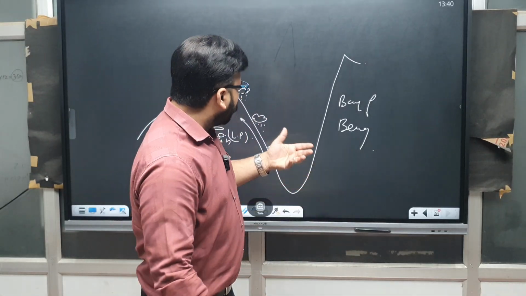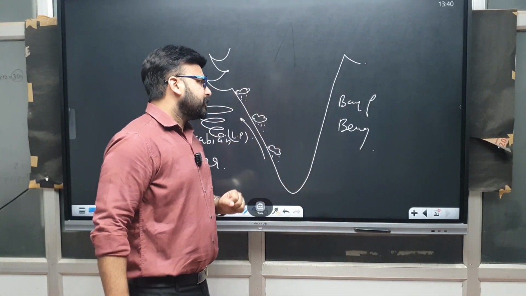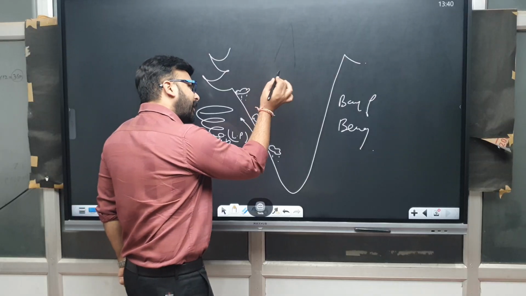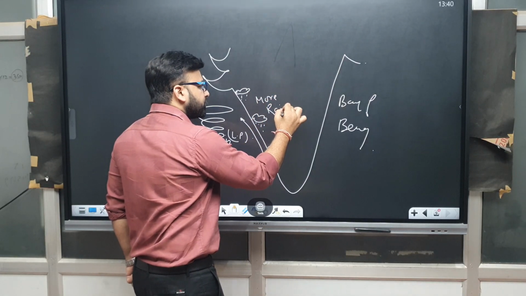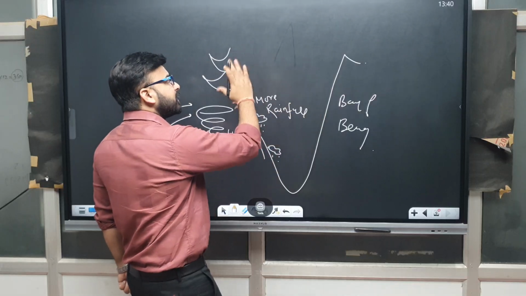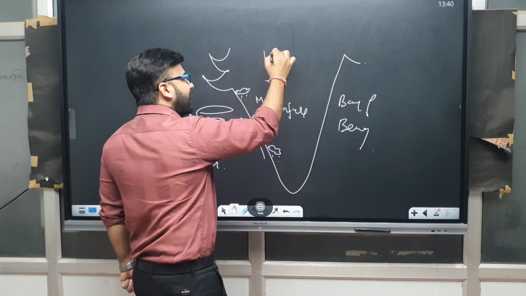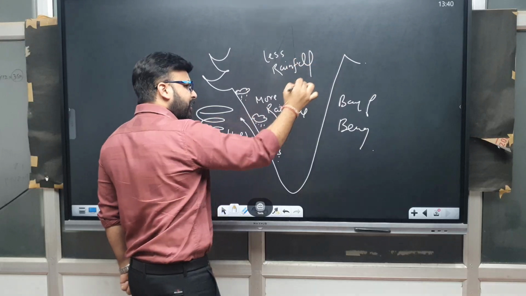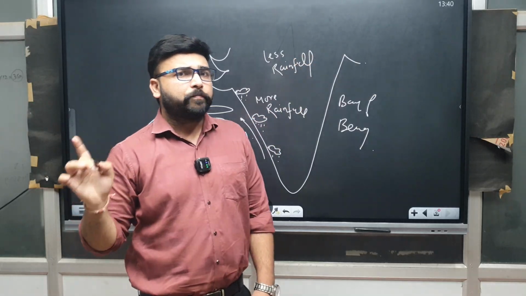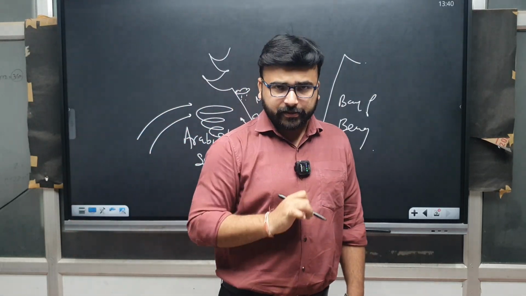They don't affect the interior parts. There is a good amount of rainfall on the coast, but the central parts receive less rainfall if there is formation of a cyclone in the Bay of Bengal or Arabian Sea.